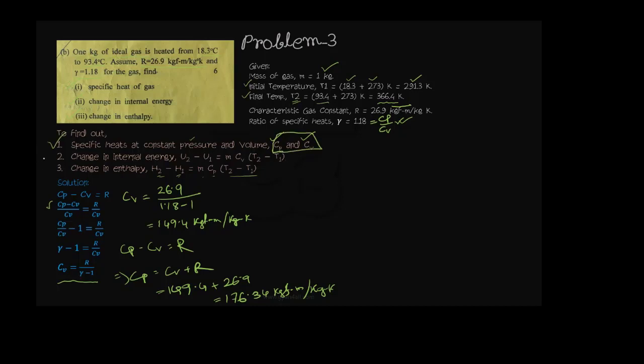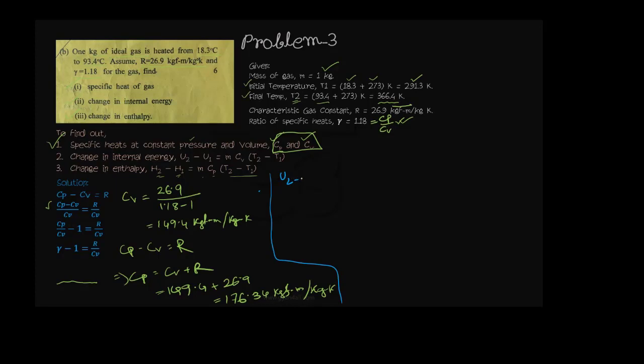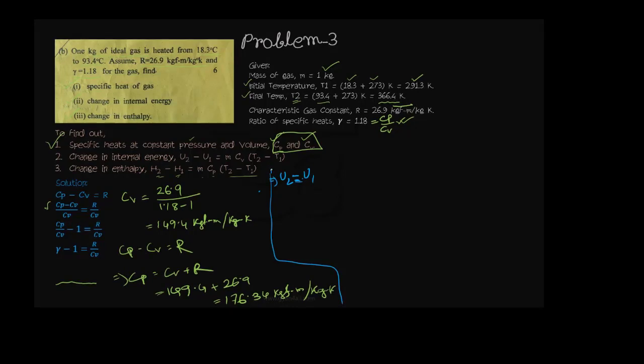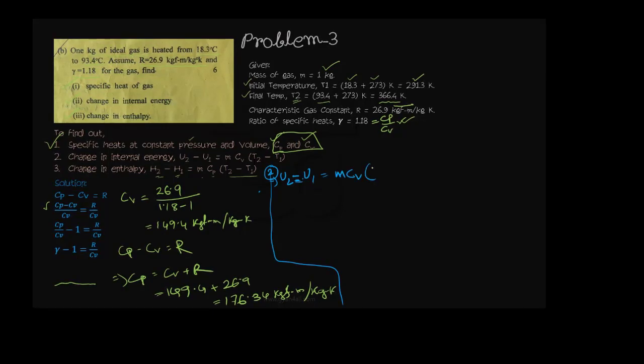Now we have to find out change in internal energy as well as change in enthalpy. Change in internal energy, U2 minus U1, this is the second part, is equal to M Cv (T2 minus T1).